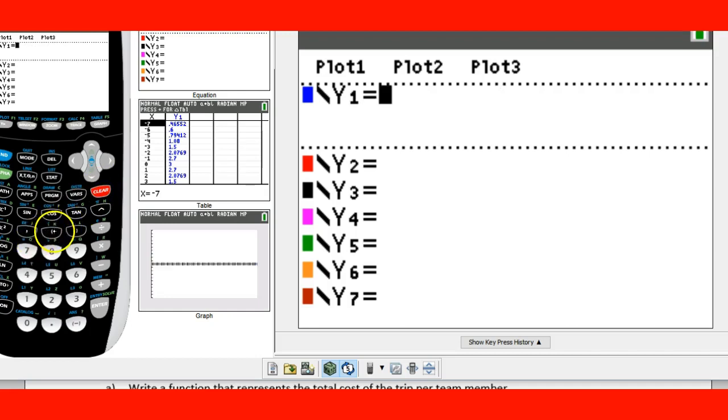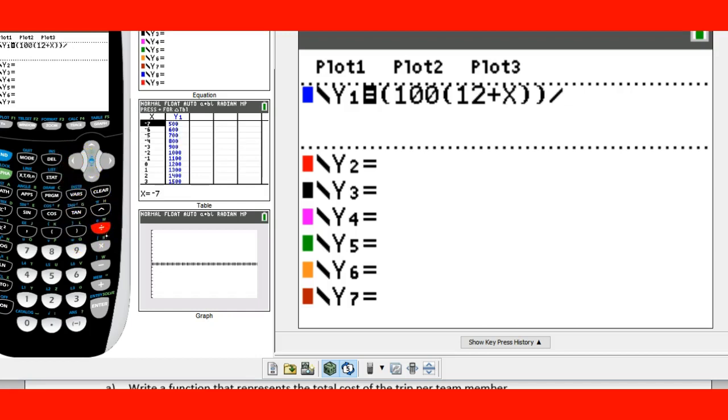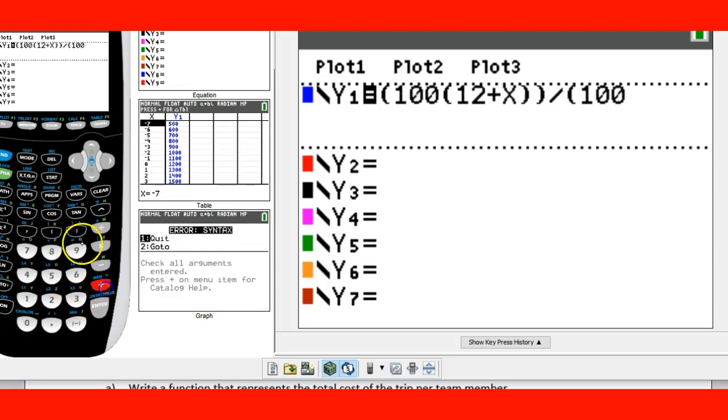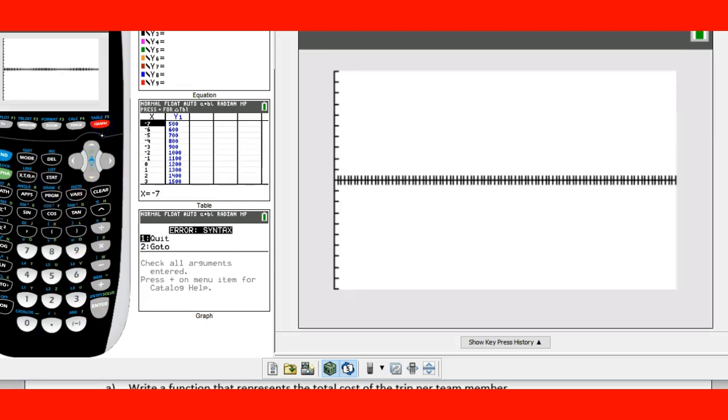So we have at the top 100 times (12 plus x), divided by, one more parenthesis, divided by 100 plus x. There we go.